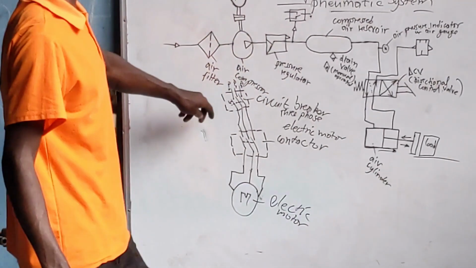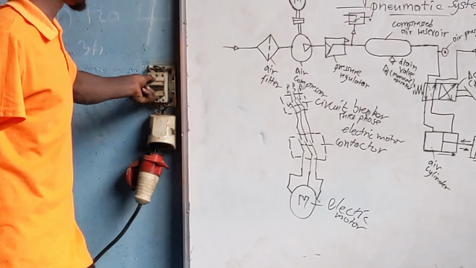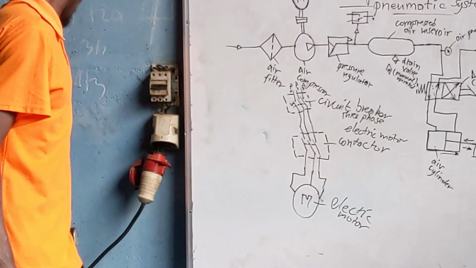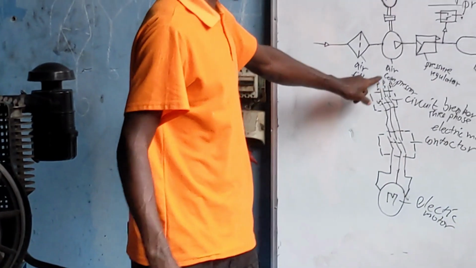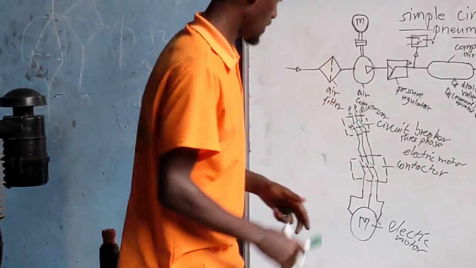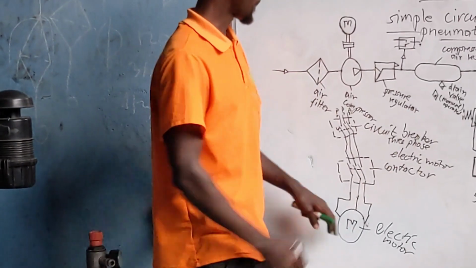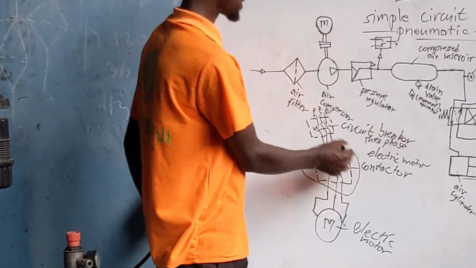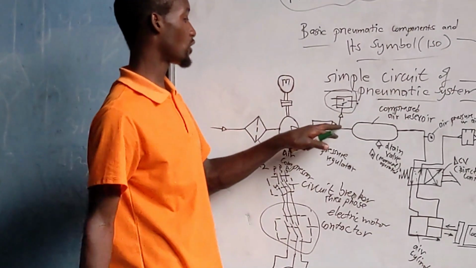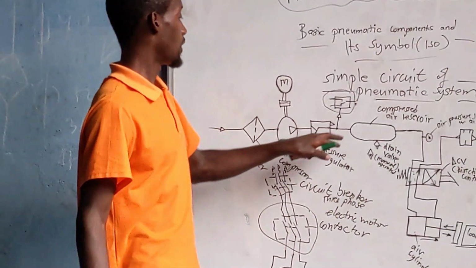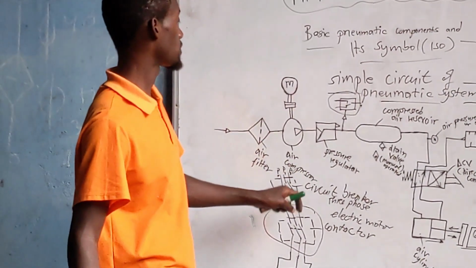So when you turn on this circuit breaker, as we see, there is the circuit breaker and the motor plug. When you turn on, it allows the current to pass through there and through the contactor to the electric motor. This contactor acts with this pressure switch. It is controlled manually and by automation, or pneumatic automation.